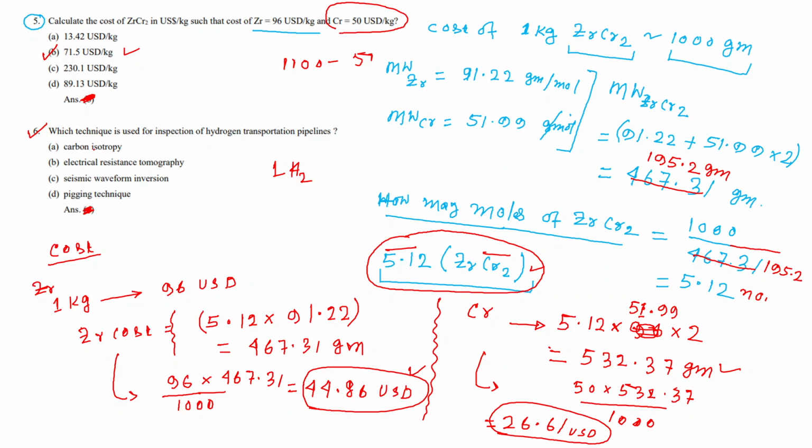Carbon isotropy, will be used for which process? Do you know? Carbon dating is also one technique to measure the age of any material, I mean, how old this material is.